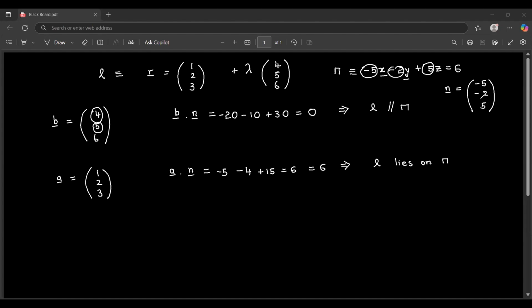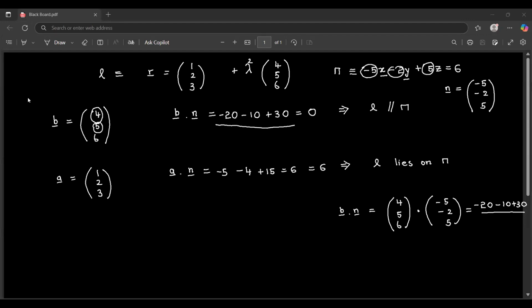And if you do the scalar product here, b dot n looks like this: 4, 5, 6 dot minus 5, minus 2, and 5. And this is equal to minus 20, minus 10, plus 30. If you look at this, it is the same as this. So that's why I'm directly replacing the values.